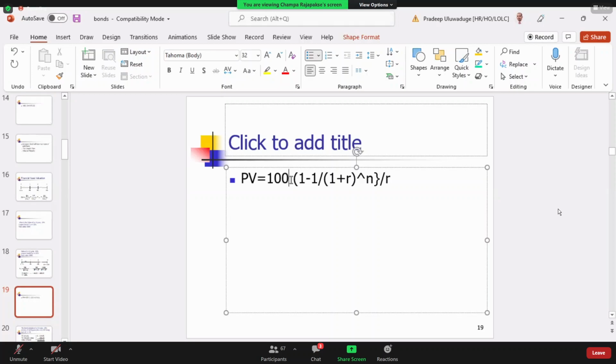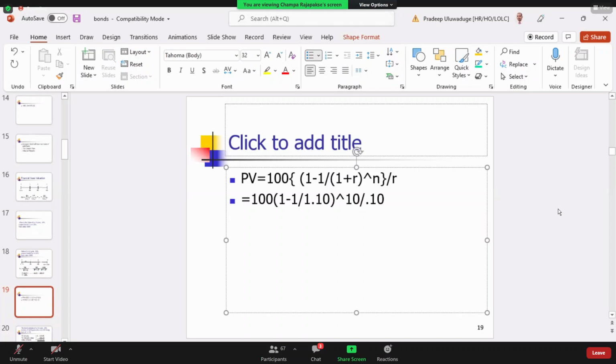So this is how it goes. Let's substitute the figures. Present value equals 100 multiplied by 1 minus 1 over 1.10 to the power n, where n is 10, divided by r, which is 0.10.